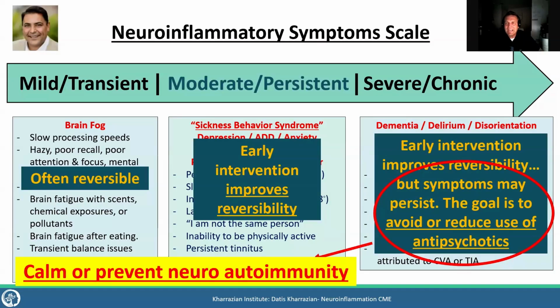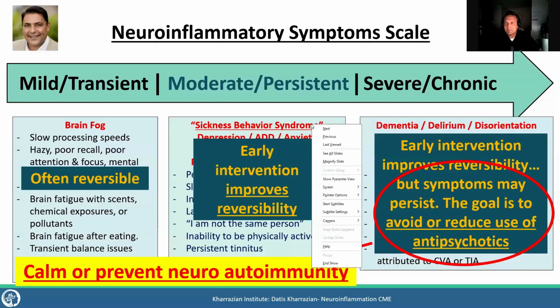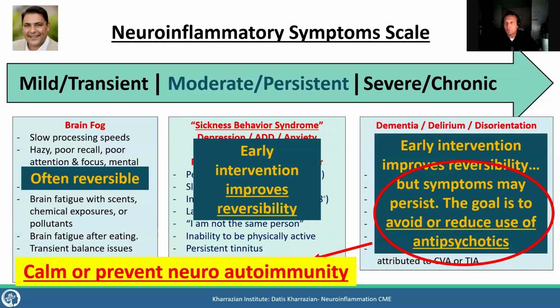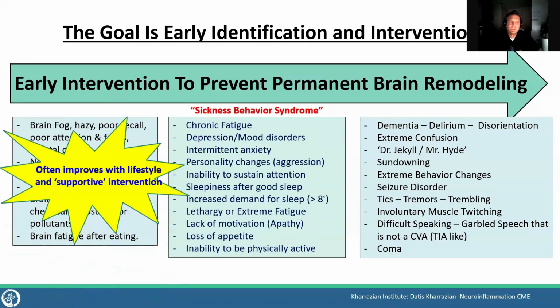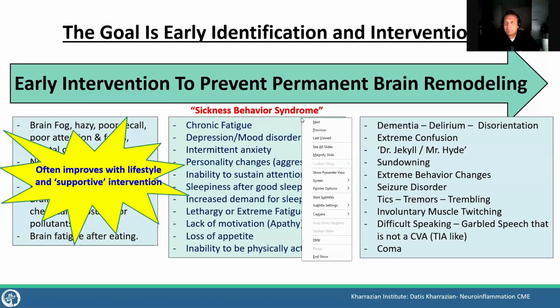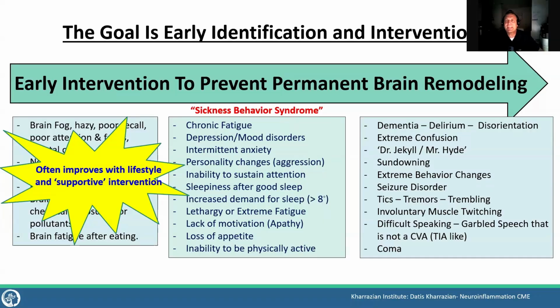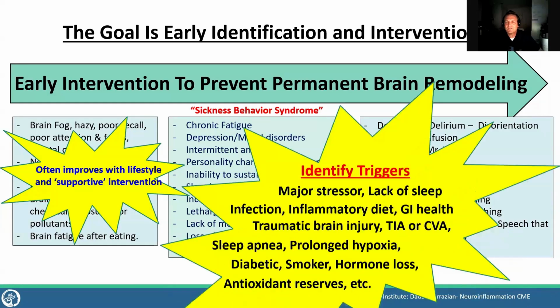So we engage a process to both identify and calm neuroinflammation or neuroautoimmunity. Okay. So on the far left-hand side, those early symptoms often improve with lifestyle. If we can get people eating better, if they can exercise, if they get better sleep, if they take care of their dental health, these symptoms make a huge difference.